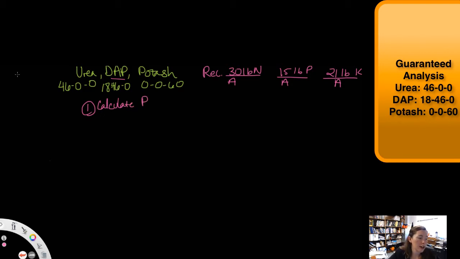So our area that we're working with is 1 acre. So for our field, we've got 1 acre for the field size. We're going to calculate our phosphorus first, and our phosphorus recommendation is 15 pounds of phosphorus per 1 acre.